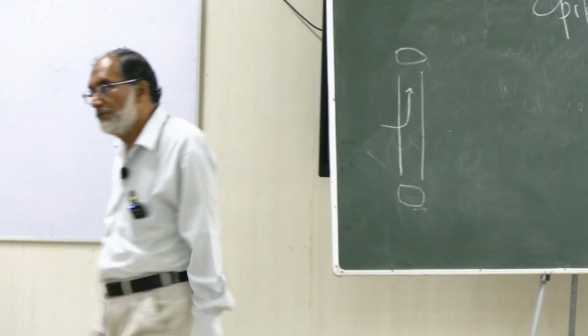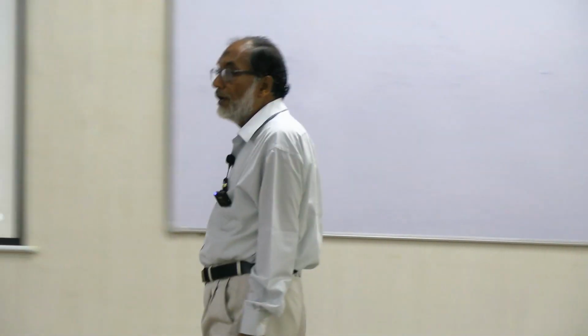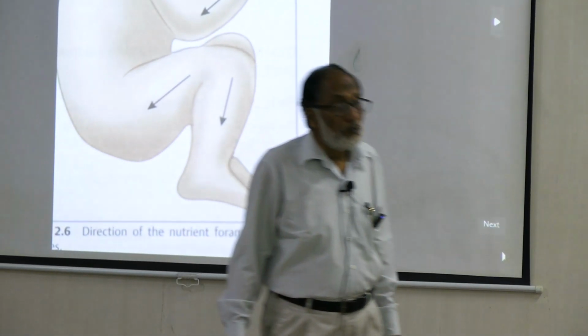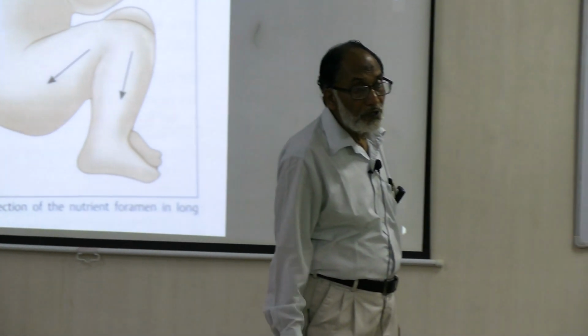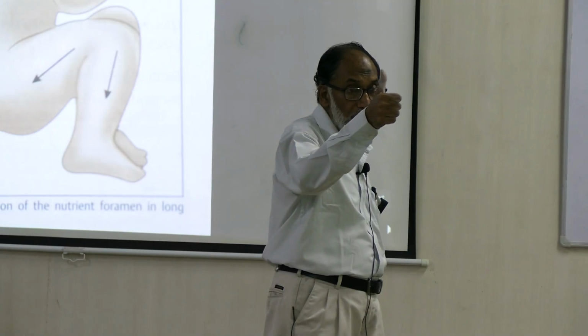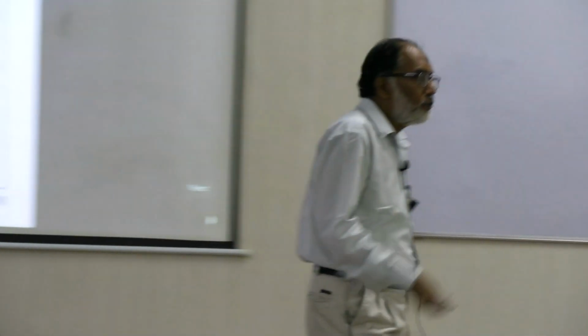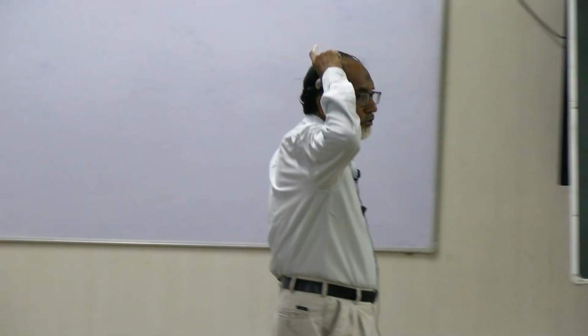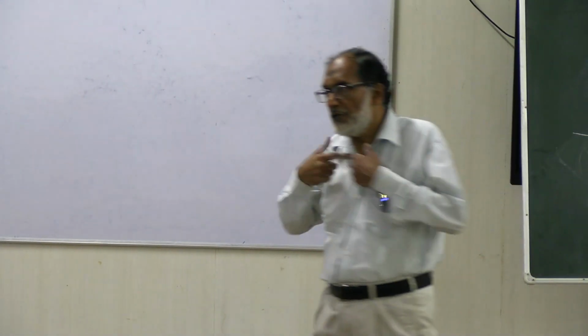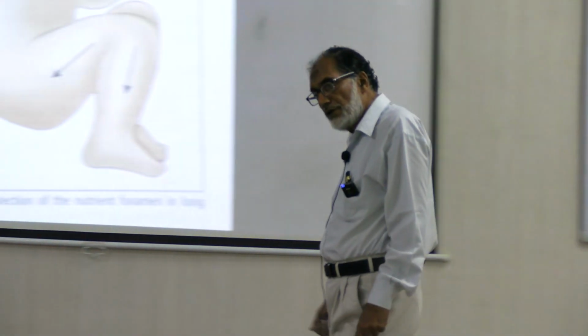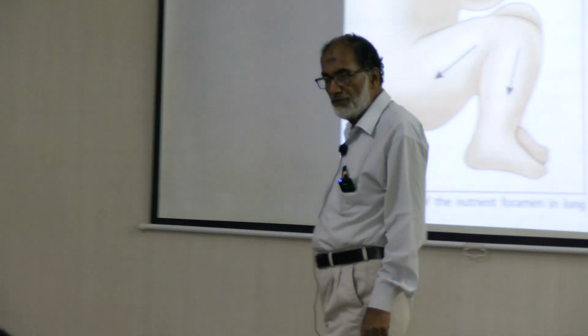And it protects. What does it protect? The skull bone protects the brain. Ribs, sternum and vertebrae protect the heart and lungs. So it is protective in function.